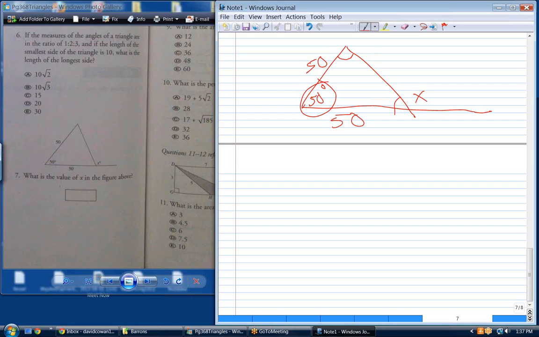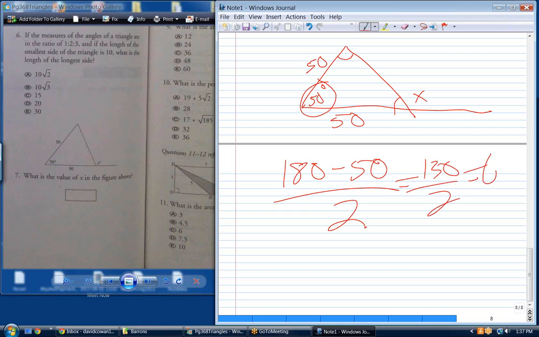So 65, because it's 180 minus 50, divided by 2. That is 130 over 2, so that's 65. So this one's 65, this one's 65. And if this is 65, what's x? 115? Correct.